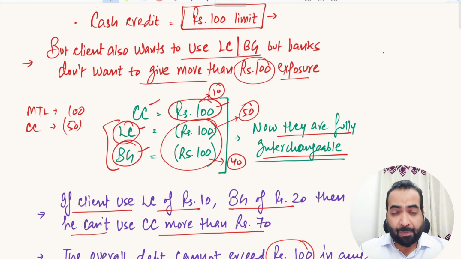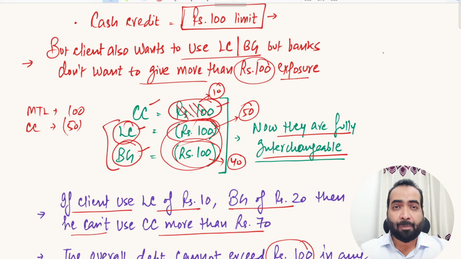If 100% interchangeability is given, then it may happen that the client doesn't use the cash credit limit at all and uses 100% non-fund based facilities only, and thereby the bank's exposure will be totally on non-fund based limit, which is not practically allowed, to take standalone exposure on non-fund based limit.